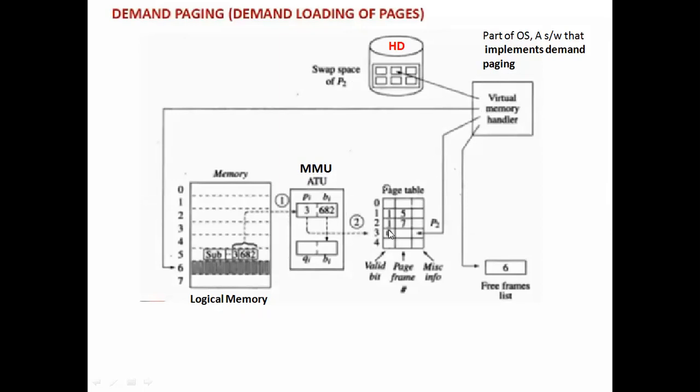Suppose the page is not available, then the required page will be taken from the swap space, the free frame available is identified, the required page will be stored in that frame, and the same information will be updated in the page table.